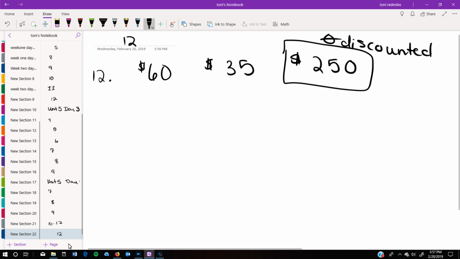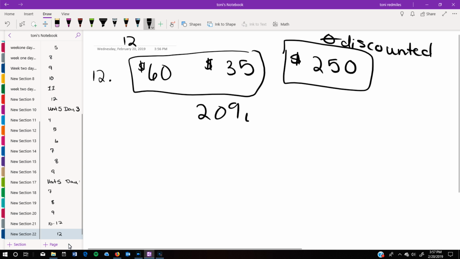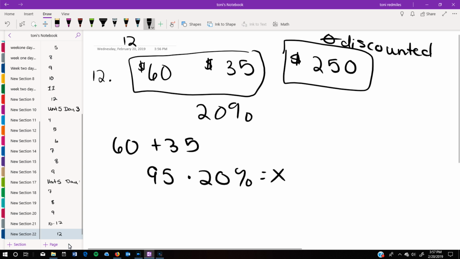But these two do, okay, and they get 20% off. Okay, so it is 60 plus 35, which is 95. They get 20% off, which means they get a decrease of, let's go ahead and make this a fraction. I'll do some cross canceling because it just makes my math a lot easier. So $19.